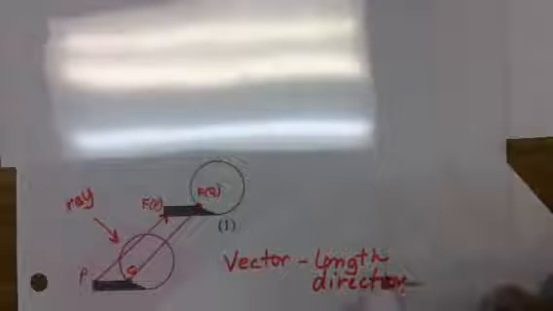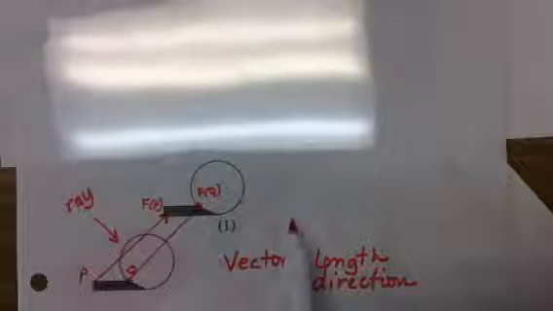Now, those of you who are studying physical science this year, you know that we've been talking about velocity being a vector. Velocity has a component of size, which is the speed, and then it also has direction. So it has those two things. And when we have a vector, let me draw it up here.